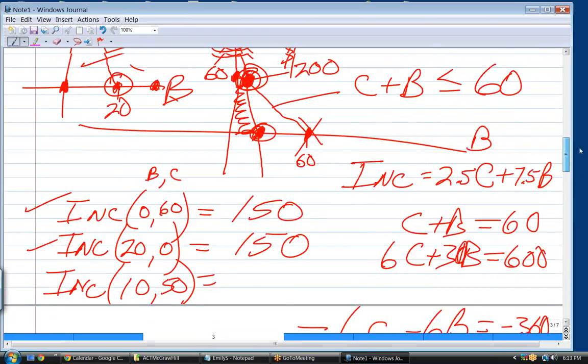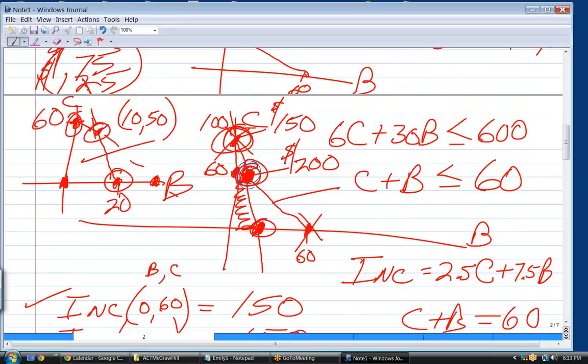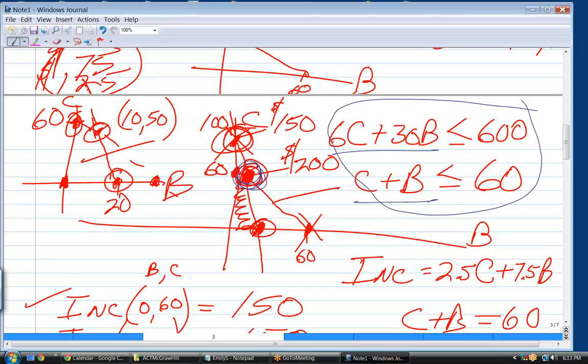The only way we could do it would be to solve these two inequalities to figure out what that intersection point is. And I do that by turning them into equations and solving a system of equations.